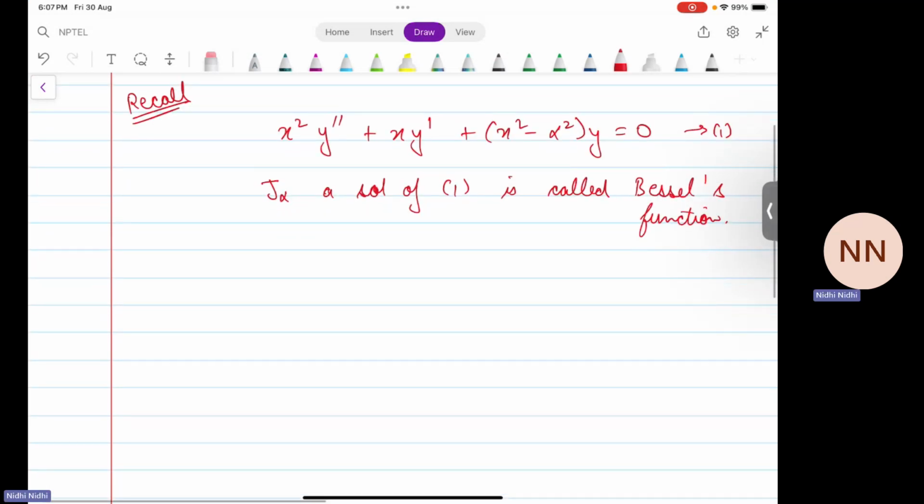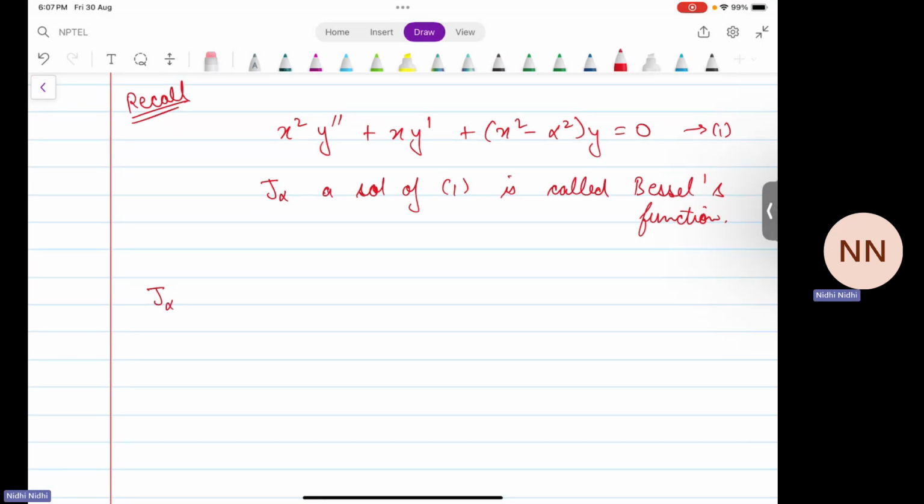The general representation for Bessel's function is given by J alpha x equals summation r from 0 to infinity, (minus 1) to the power r, over r factorial gamma alpha plus r plus 1, times (x by 2) to the power 2r plus alpha.